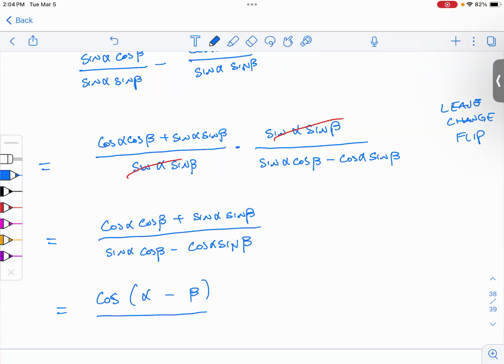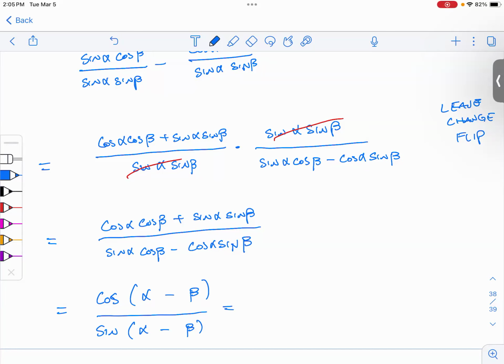Okay, sine cosine, cosine sine, however you want to say it. So the denominator one, which one is that? That one's the sine. And if I have a negative there, that means it's the same sign.